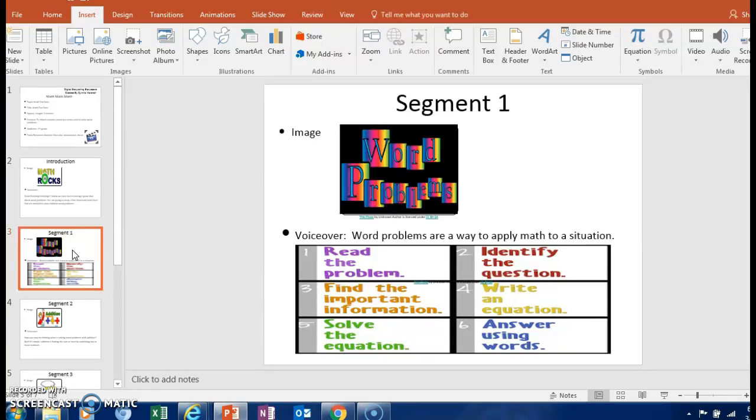It's important to find out the information that you're going to need in order to be able to solve a problem. Then we're going to write an equation in which our word problems are being catered to addition. So we're going to write an equation for addition. Then we're going to solve the equation and we're going to answer it using addition words.